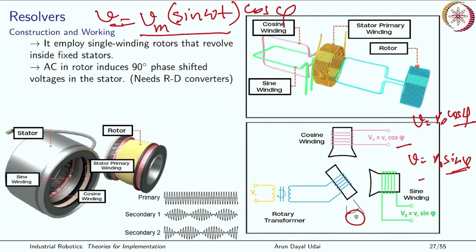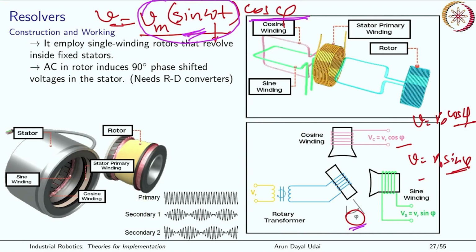You see this frequency omega remains the same in the rotor as well as the stator coils, but what varies is the amplitude. The amplitude itself has a frequency inside, so it is a double sinusoidal thing, but this sinusoidal frequency is fixed. The outer one, cos psi, varies depending on the angle psi.